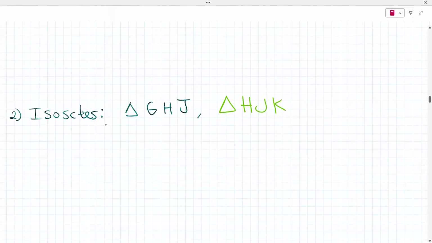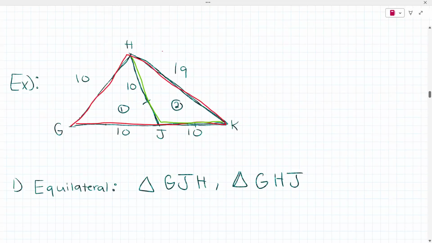What about a scalene? A scalene is basically when none of the sides are the same. So I guess the scalene would be the main triangle. This one, right? The big triangle. Because if you look at all the sides, this has a side length of 19, this has a side length of 10. Now be careful, what is the length of GK? 20.